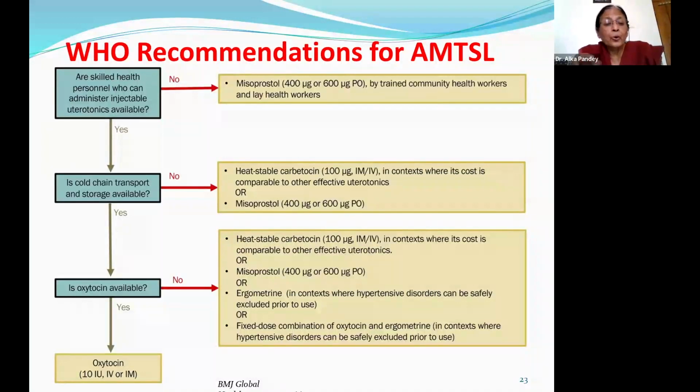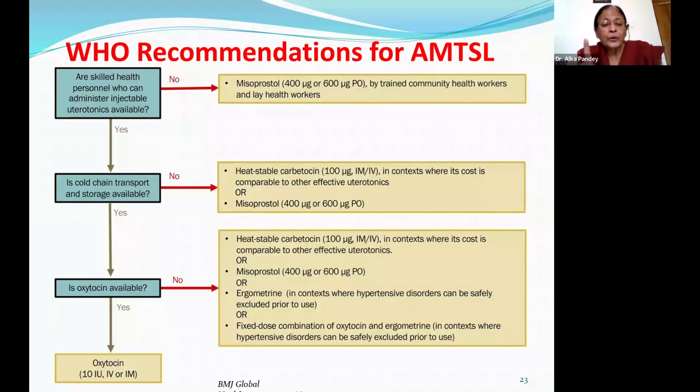So what are the recommendations for active management of third stage of labor? So where there are no trained staff, misoprostol is the drug of choice, 400 to 600 microgram by trained community health workers and lay health workers. Is cold chain transport and storage available?